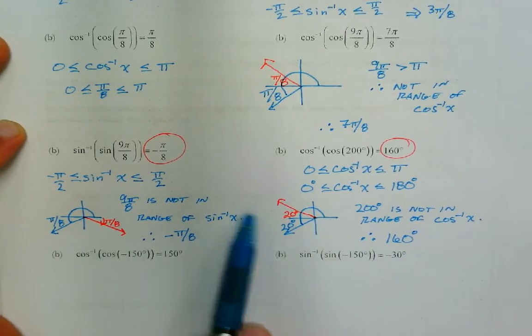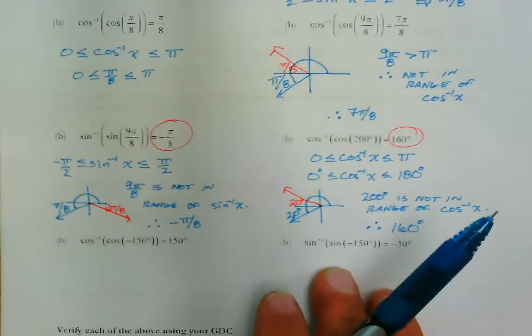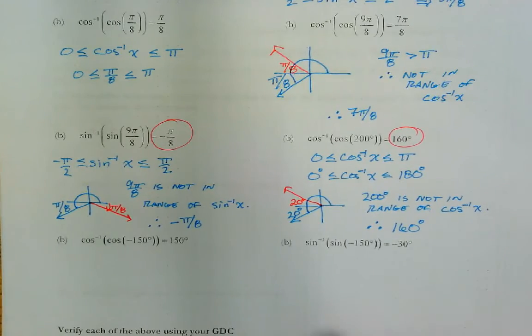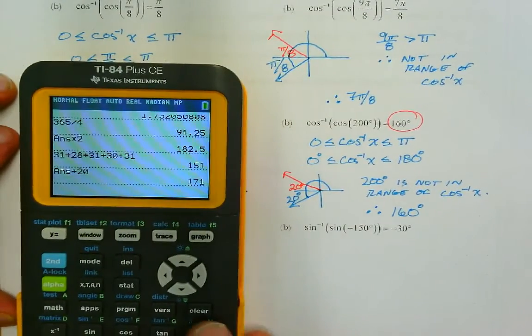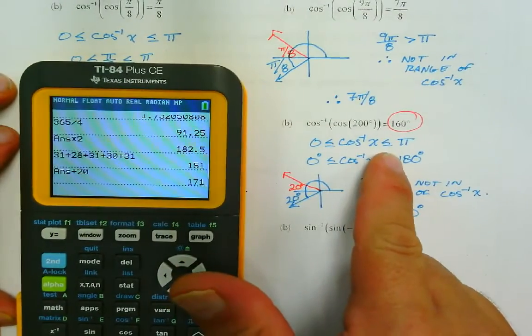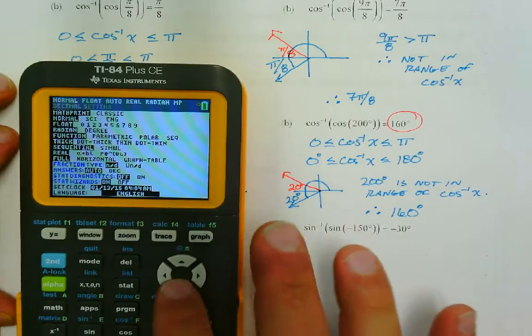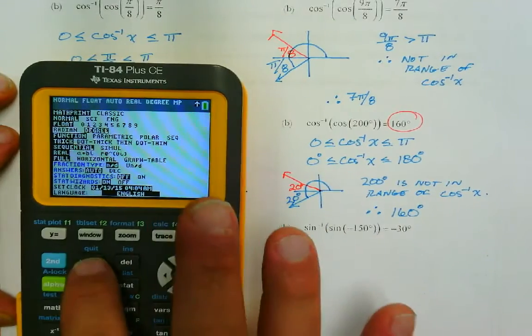Think through those last couple, and you can verify each of them using your calculator. To show you how to do that right quick, I'll come over here. Here I'm working in degrees, so I'm going to go mode to degrees.